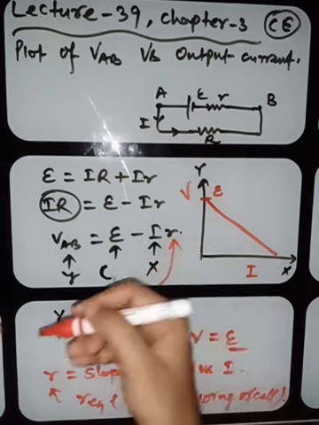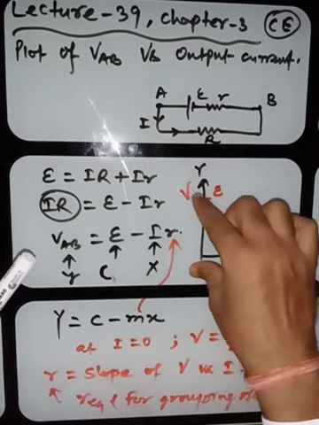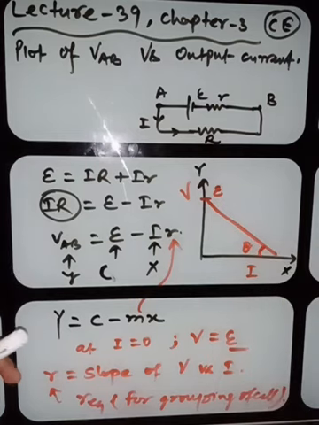It is not very tough. The tan theta will give you the slope, the perpendicular by base.